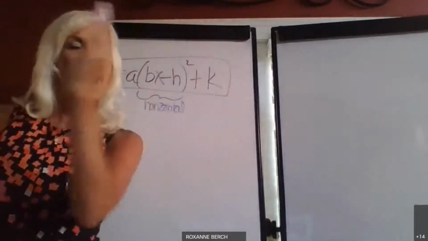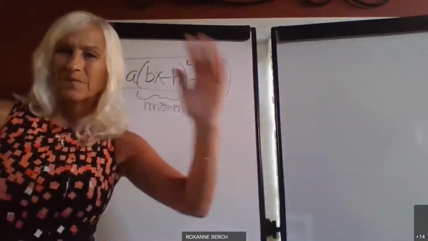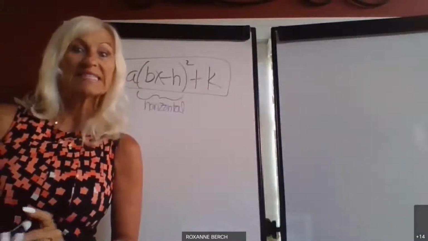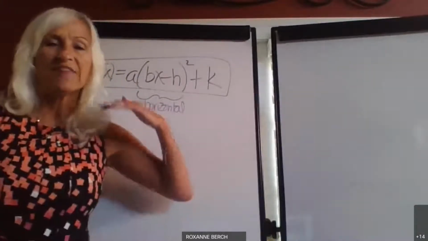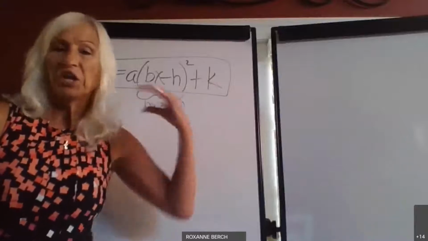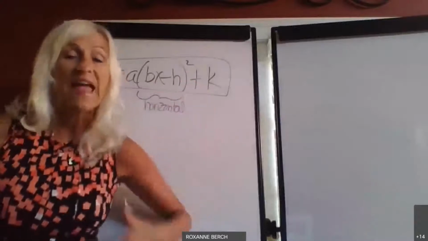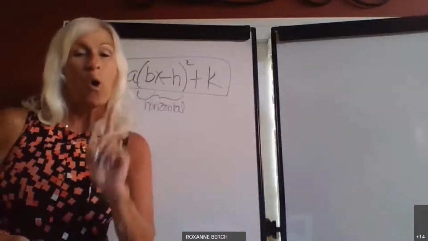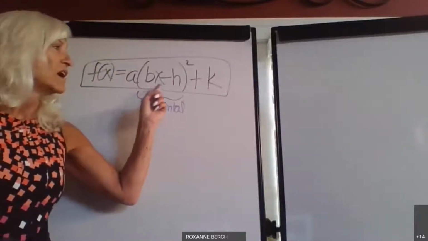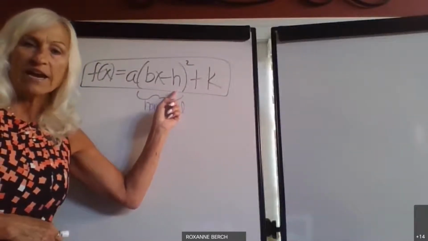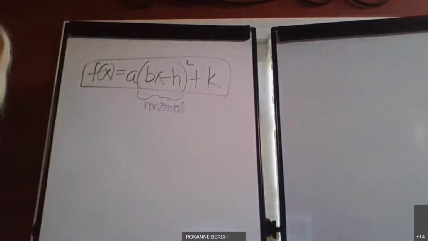When you reflect over the y, look at my arm. Is my arm going left and right? So everything inside a square, everything inside a cube, everything inside the logarithm, everything inside the cubic, everything inside the cube root, everything inside the absolute value, everything inside is horizontal. Horizontal stretch or compression. Translate left or right. Reflect negative over the y-axis. All right, stay with me.